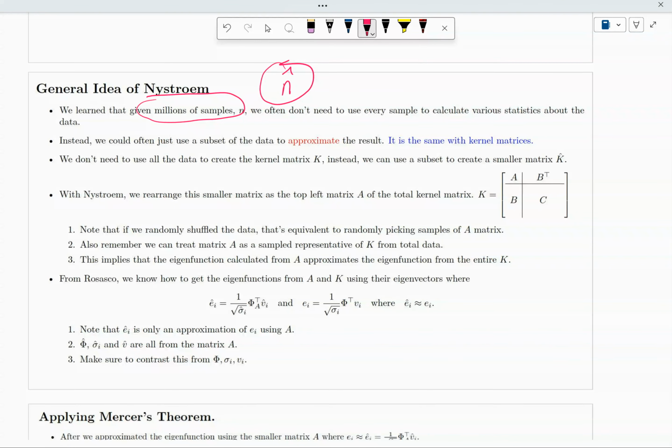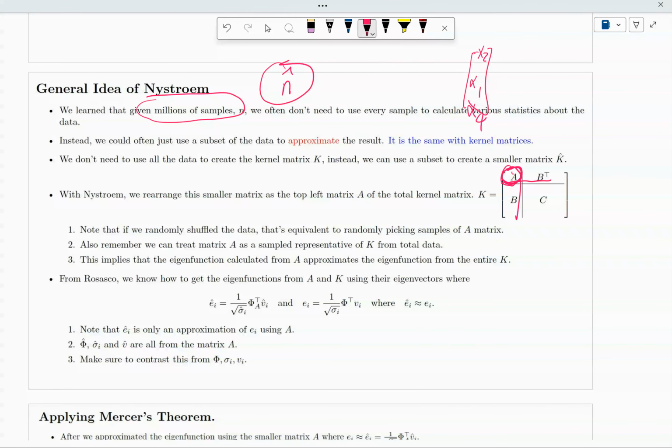You can imagine that if we have 1,000,000 samples and we randomly shuffle the entire 1,000,000 samples, so x1 is here, x2 is here, x4 is here, and you need to construct a matrix, the first portion of that is random samples from the entire million.